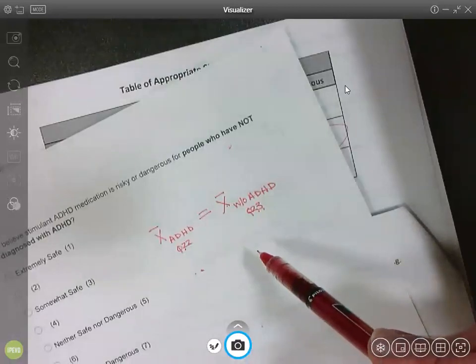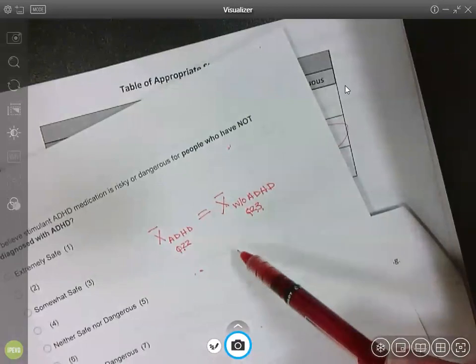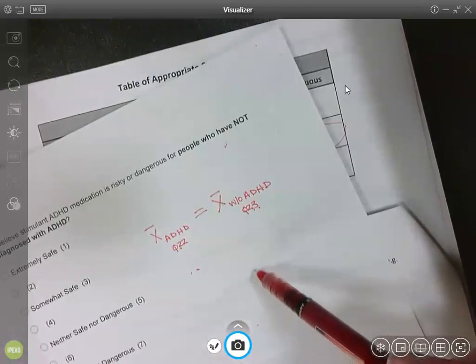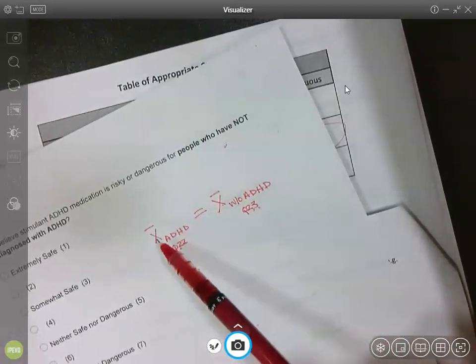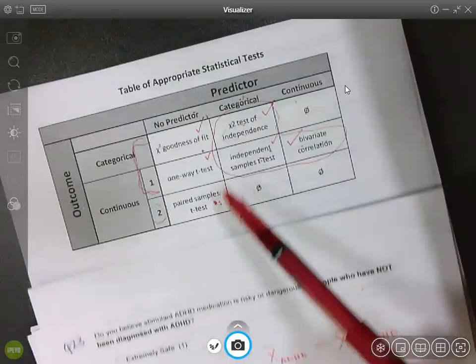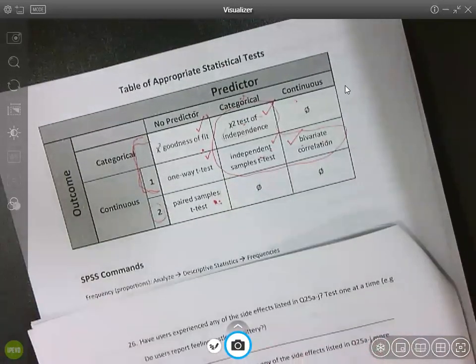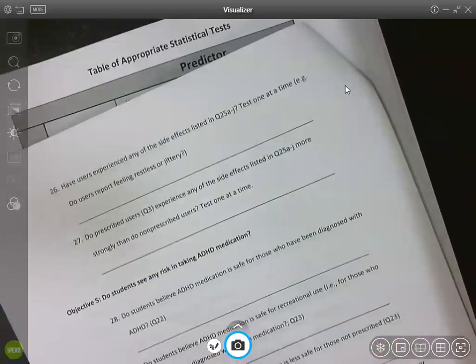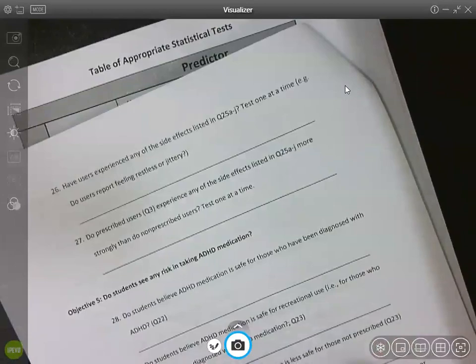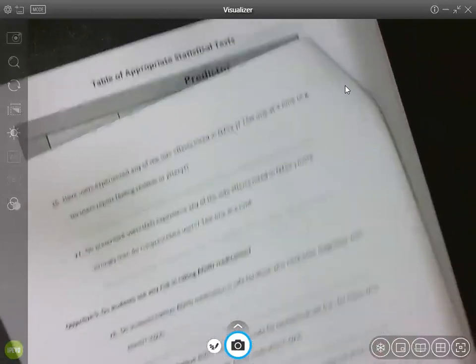I made a video and posted it to YouTube, maybe you watched it, talking about the difference between a paired samples t-test and a correlation. It was talking about people's liking for Moe's and people's liking for Chipotle. So the question there is, is the mean liking for Moe's equal to the mean liking for Chipotle? We use a paired samples t-test to do that. So for number 30, your answer is paired samples t-test.